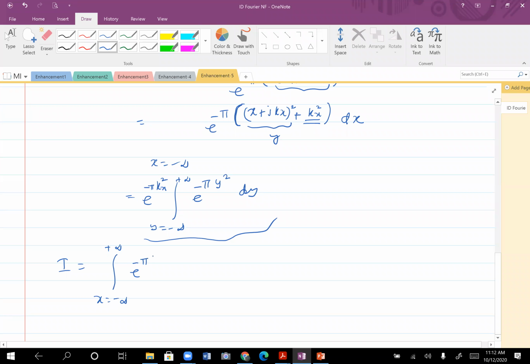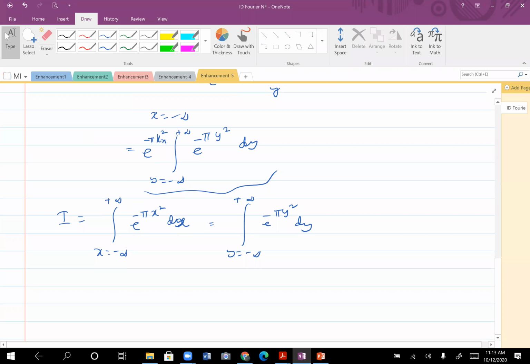If you want, you use z or something else also, e power minus pi x square into dx. I could also write it as y varying from minus infinity to plus infinity, e power minus pi y square into dy. So I take I square now, I am multiplying it. Hope you understand the trick I am trying to do here.